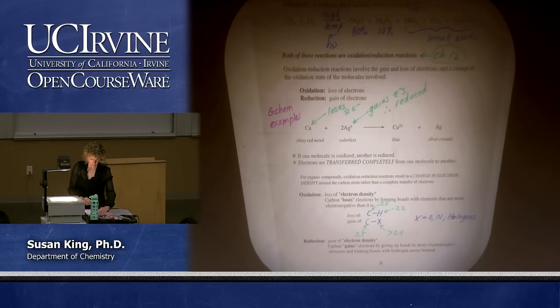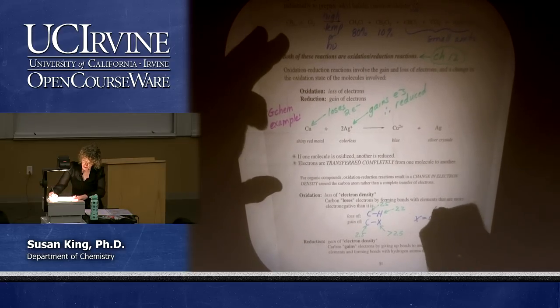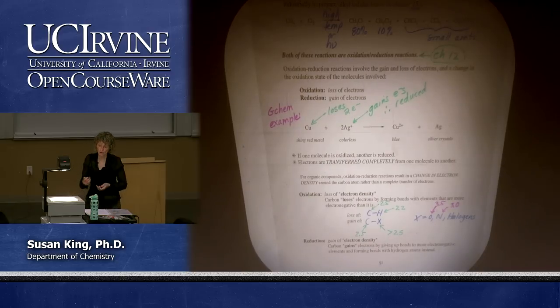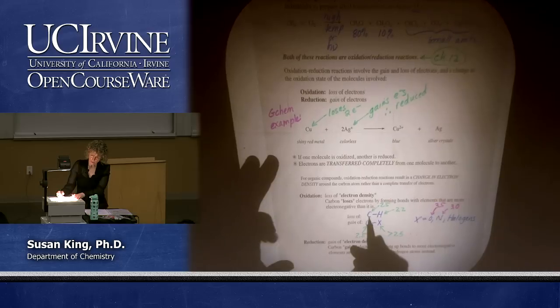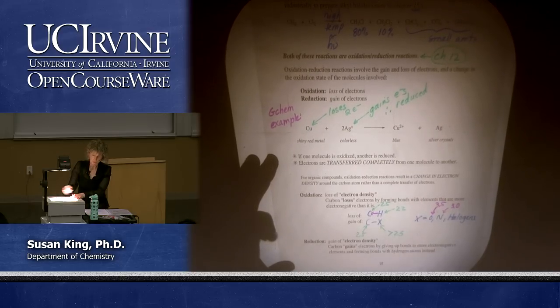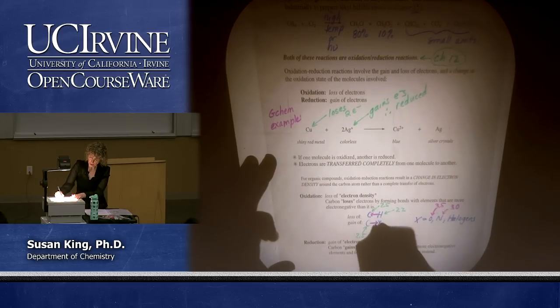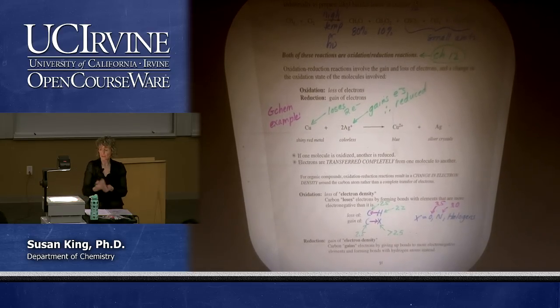Those would be the most obvious examples that come to mind. So oxygen at 3.5, nitrogen 3.0. So if we look at the way the electrons are flowing, when we have a carbon-hydrogen bond, the electron density is actually flowing towards carbon, right? Because it's more electronegative. When we now replace that hydrogen with an X, electron density is flowing the opposite direction. We haven't transferred electrons completely, but we're changing the electron flow.